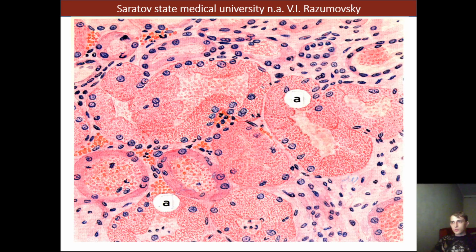Microscopically, you can find accumulation of these red or pink granules in cells in the organism. In this slide, there is a scheme or picture of epithelium of tubes of the kidney. You can find pink granules in every cell of the epithelium.